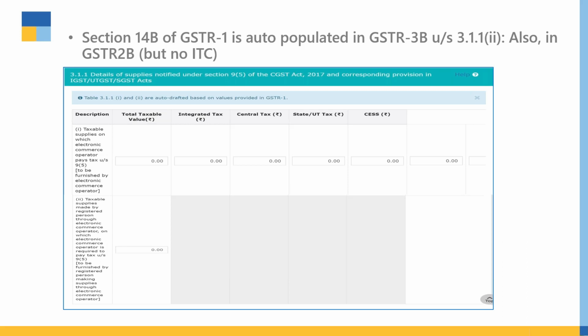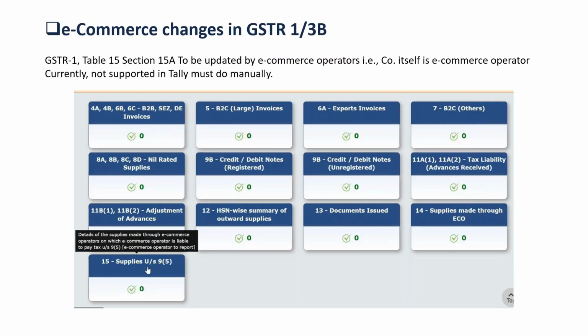Similarly, the other table, table 15, talks about the e-commerce operators who are going to update this particular section, like Amazon or Flipkart, where the company itself is an online e-commerce business. So the company itself is an e-commerce operator, so they have to update this section 15.